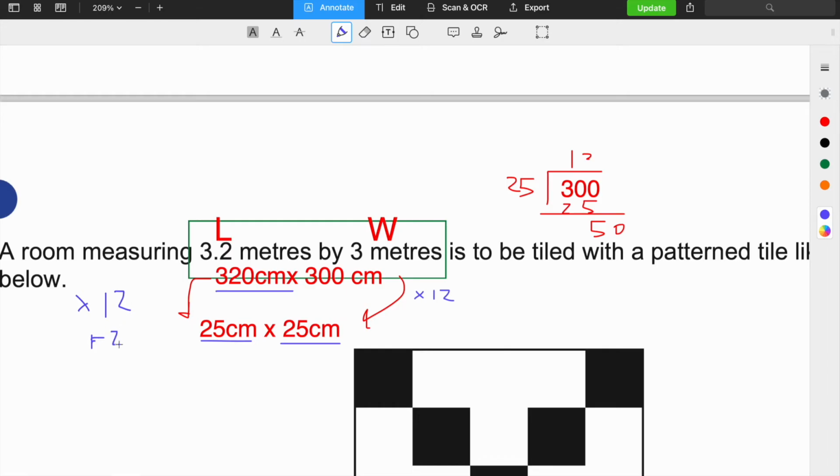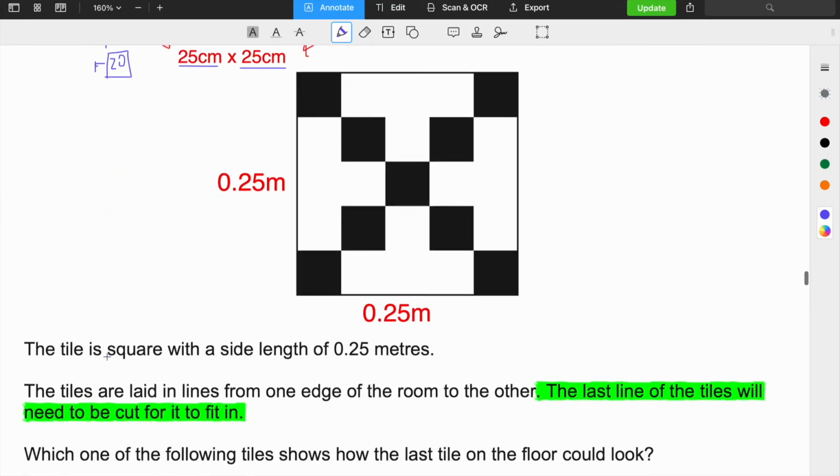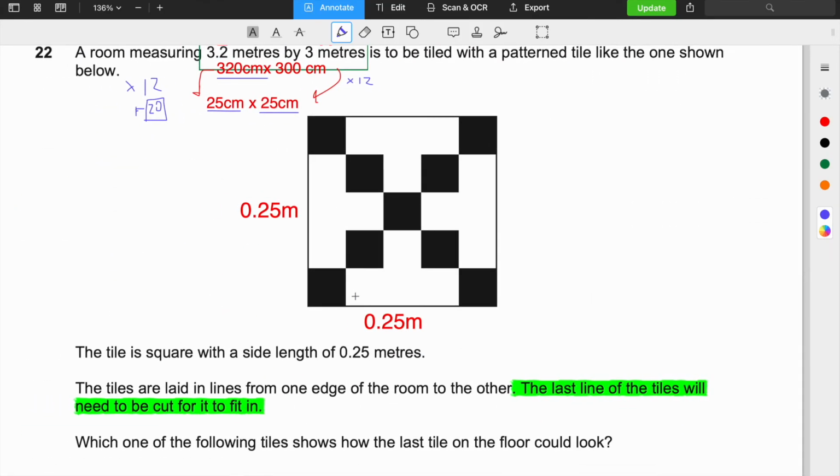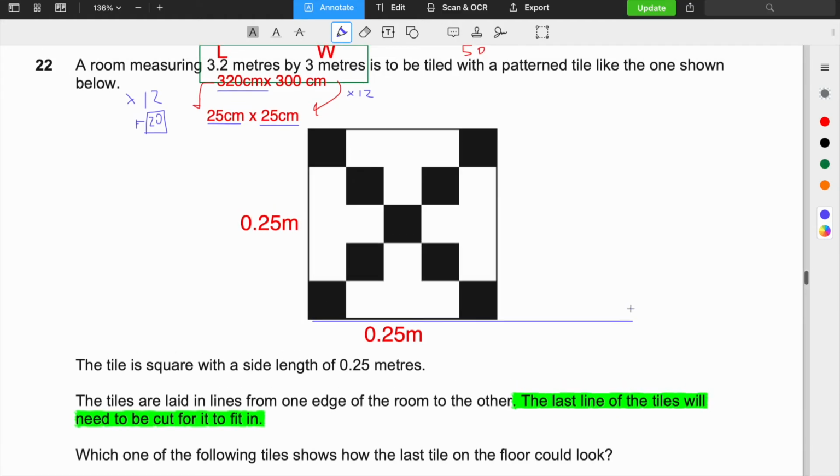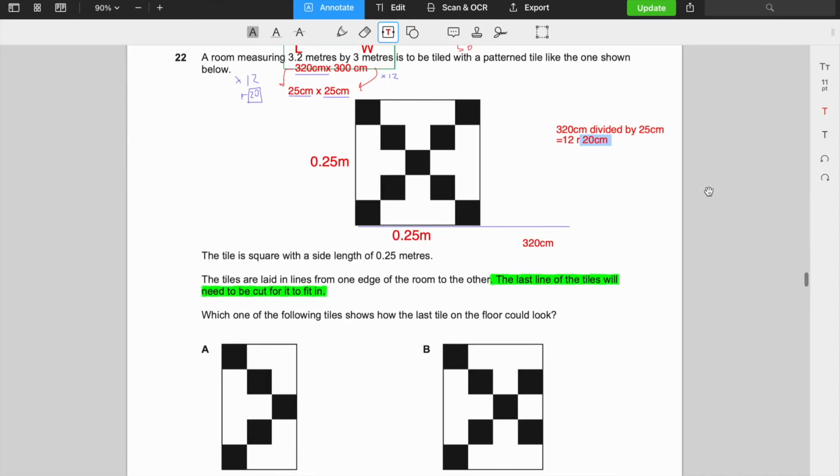Okay, so that means, and this is the thing that you have to focus on, if we're talking about the length of 320 centimeters, 320 centimeters divided by 25 centimeters will give you 12, remainder 20 centimeters. So there will be a remainder which is 20 centimeters. And that is basically going to be that last line, that last line that needs to be cut for it to fit in, the 20 centimeters.